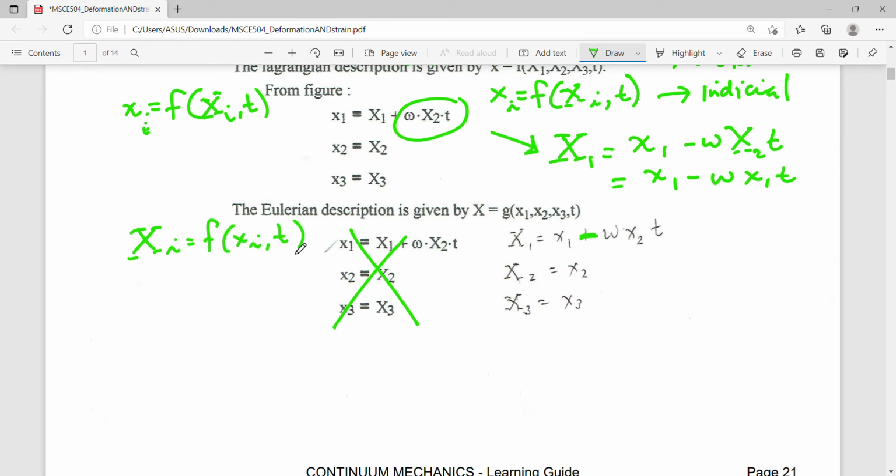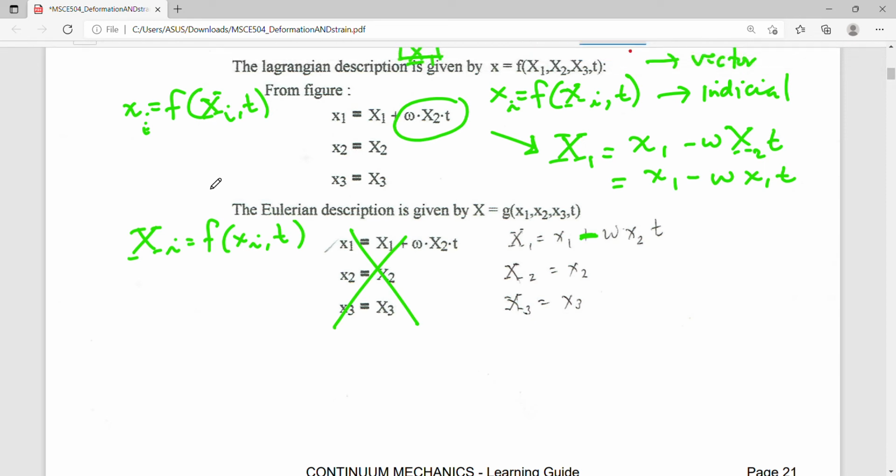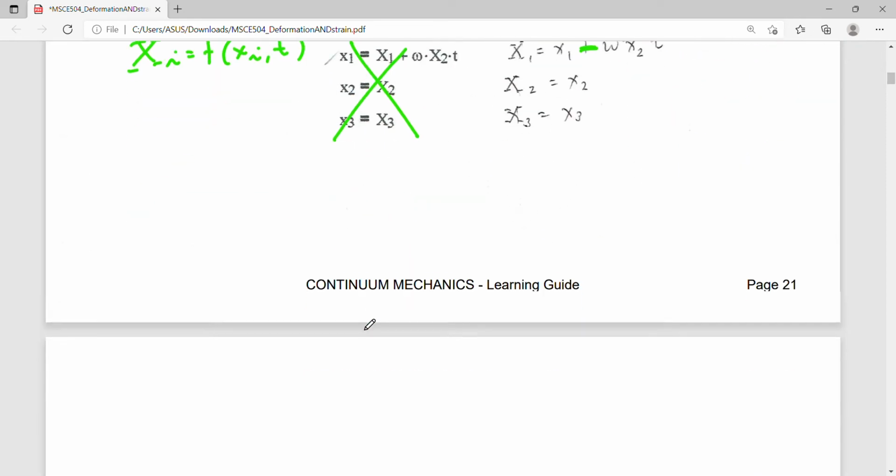Okay, so that's how to do it when we solve problems in terms of the Lagrangian and the Eulerian description.